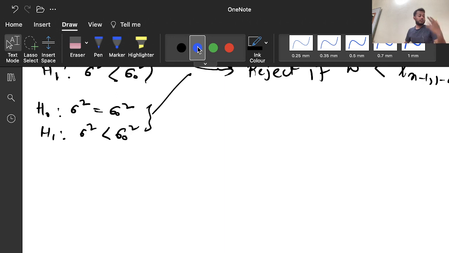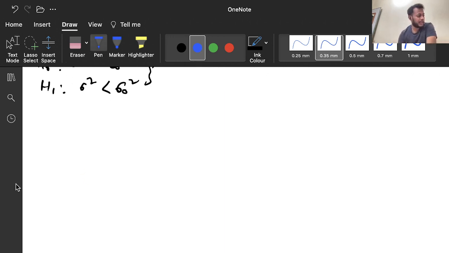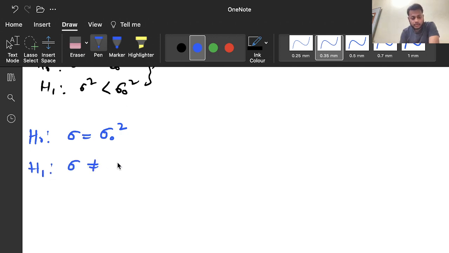Let's do a two sided test. For the two sided test, H naught is sigma square equal to sigma naught square, and H1 is sigma square not equal to sigma naught square.